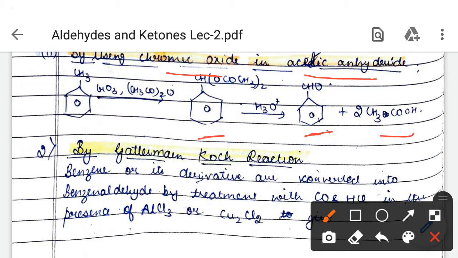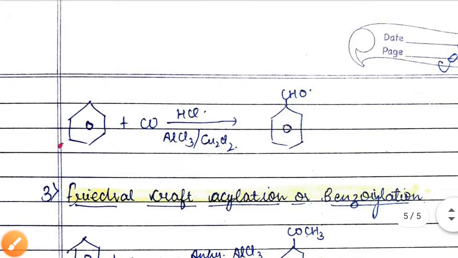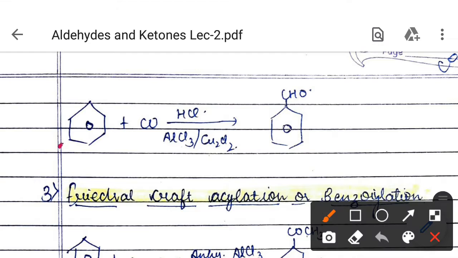So next is Gattermann-Koch reaction. In this reaction, benzene is treated with carbon monoxide and HCl, in the presence of anhydrous aluminium chloride or with Cu2Cl2, and then the CHO group is introduced.